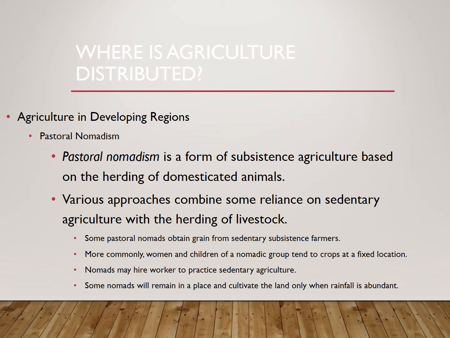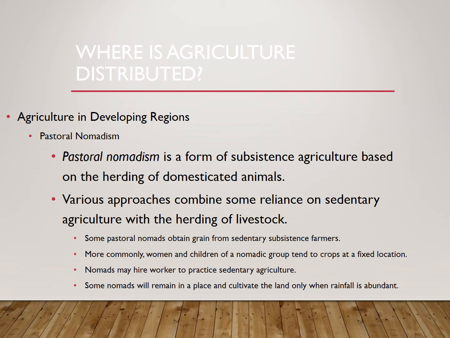Various approaches combine some reliance on sedentary agriculture. So sedentary means you're sticking around in one place, because it's very hard to do agriculture on the go, right? They're not like dragging around pots filled with plants. They combine that with the herding of livestock, and that's where that term that we have, transhumance, comes in.